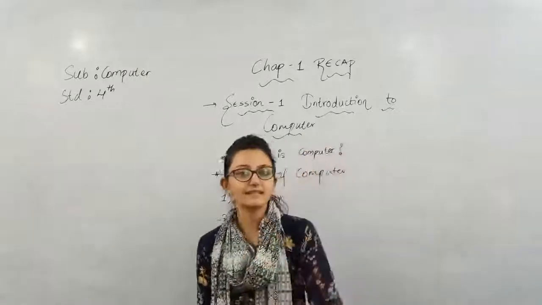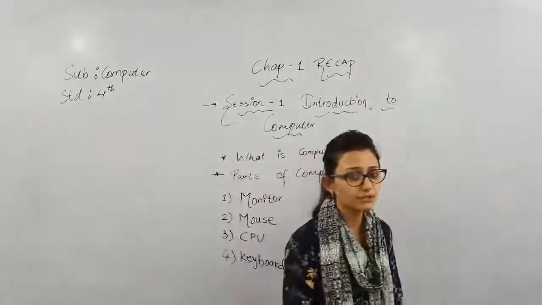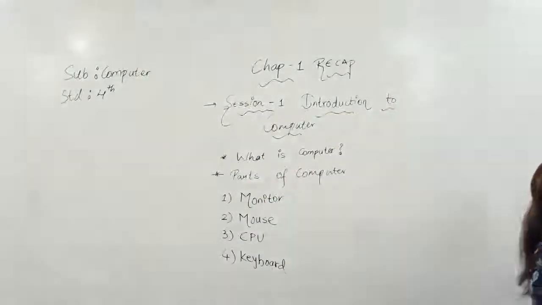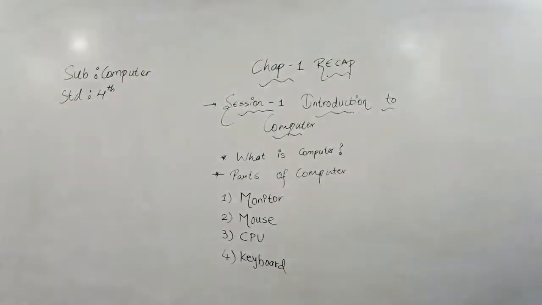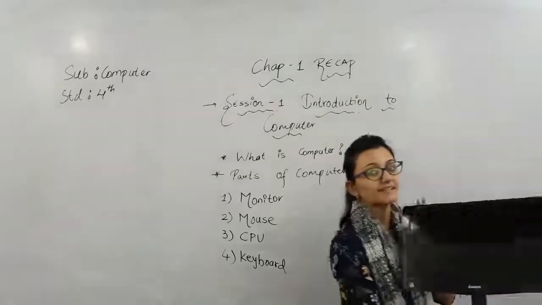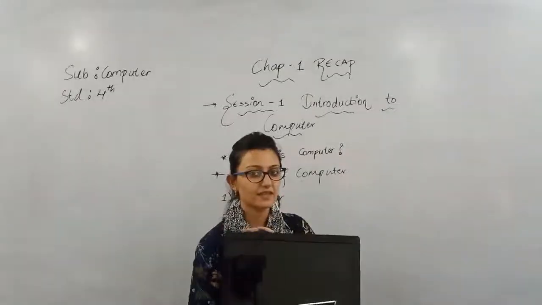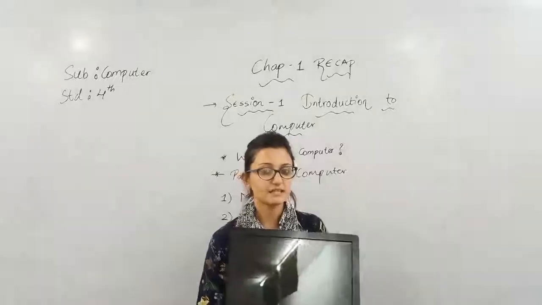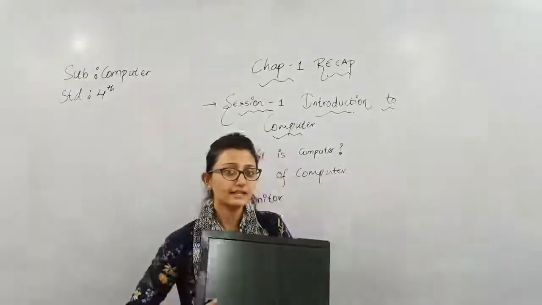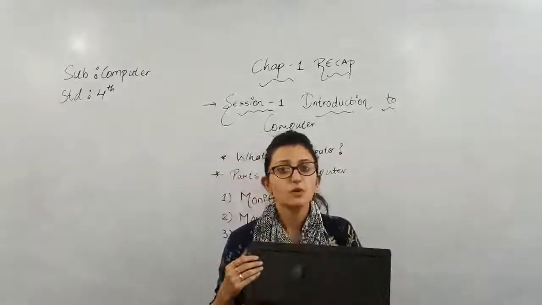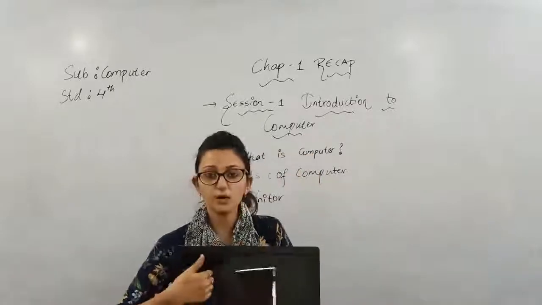So now let us see the parts of our computer. First part of the computer is monitor. So this is the monitor. Did you see it? This is exactly looking like your TV screen. Video is displayed over here.